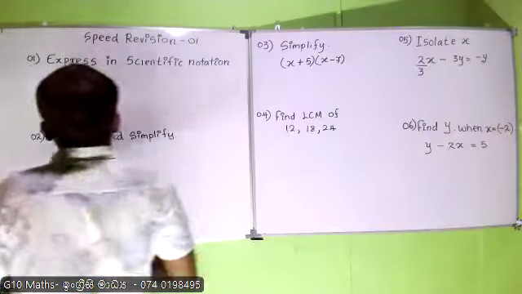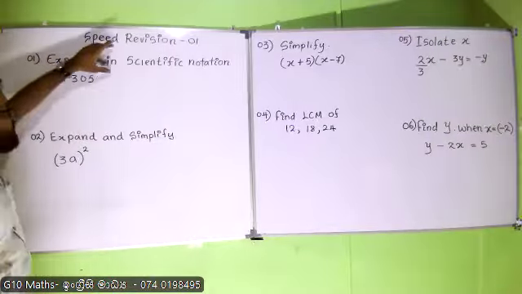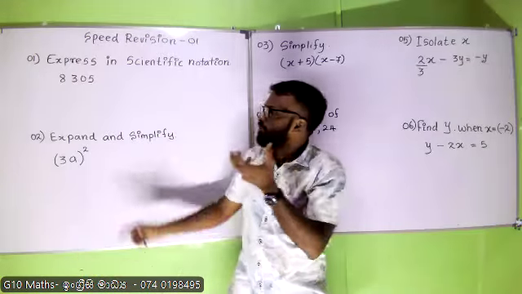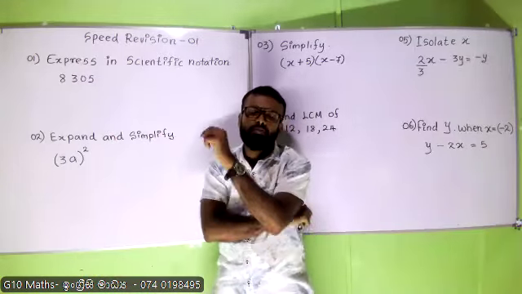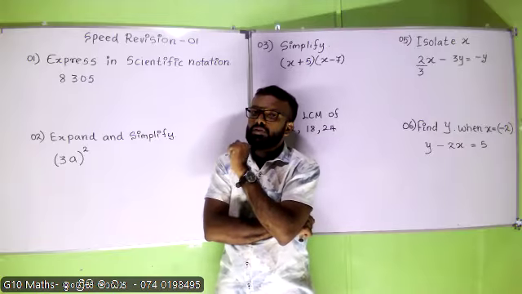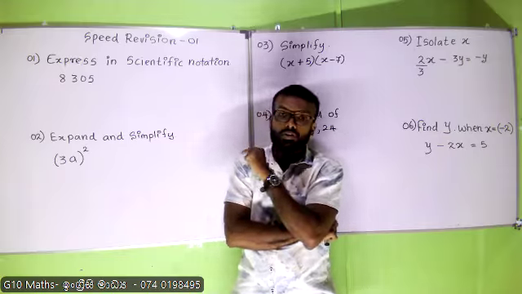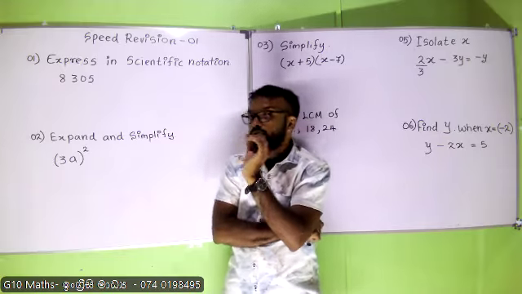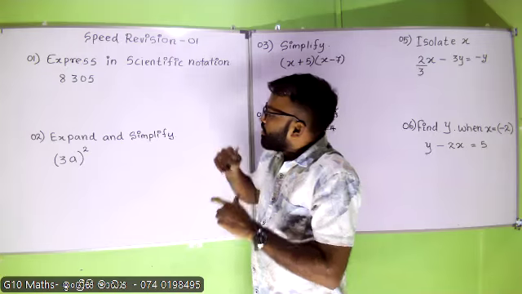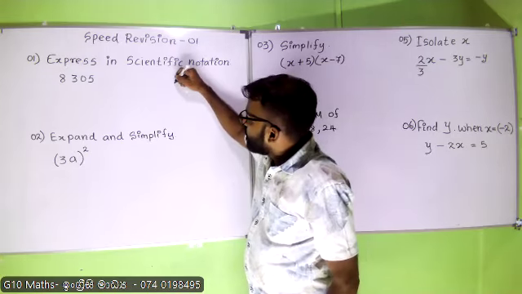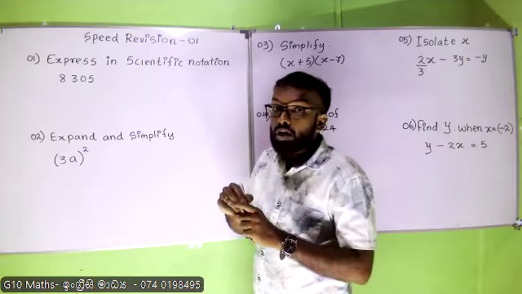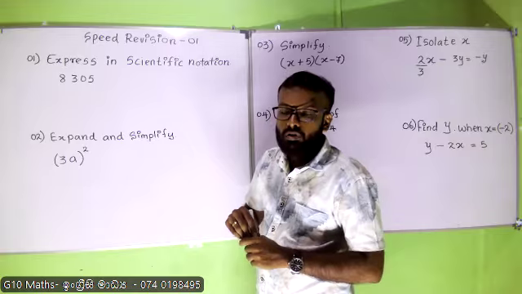Now, express in scientific notation. This is a normal regular number, 8,305. When you are going to represent this 8,305 in scientific notation, the most important thing that you need to understand is first, you are going to give the ones place only.